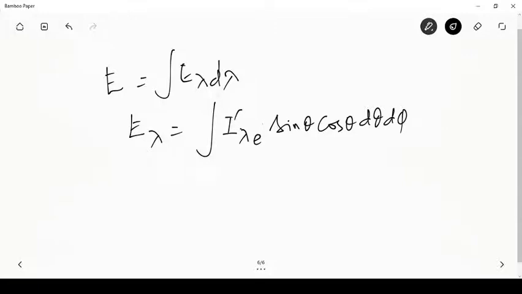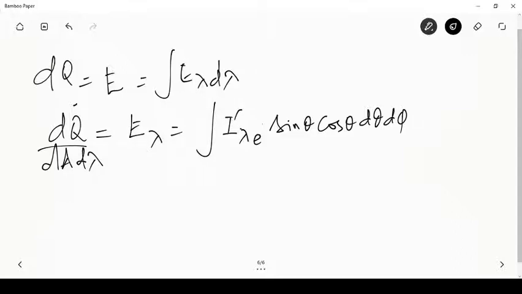Okay, so basically this we said is dq dot by dA d lambda, and this is dq dot divided by dA. So the d lambda also goes here. So this is from 0 to infinity, and this integral is basically a double integral.